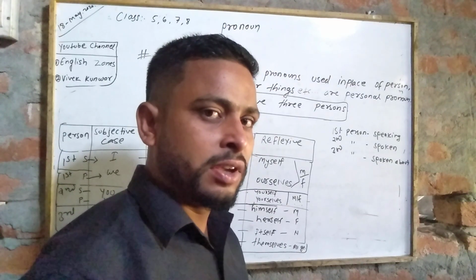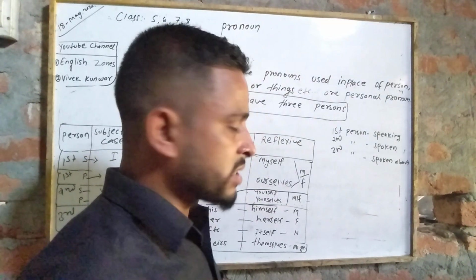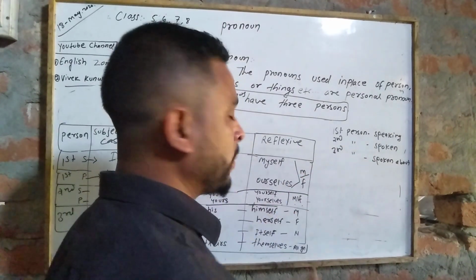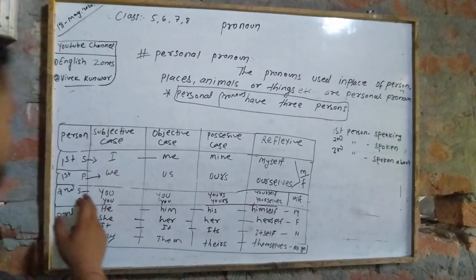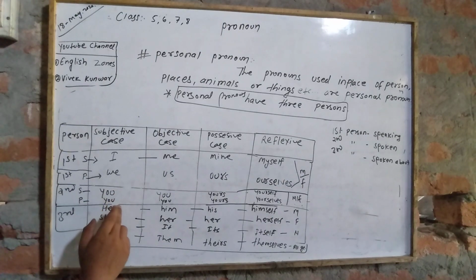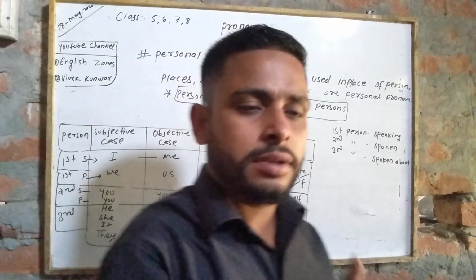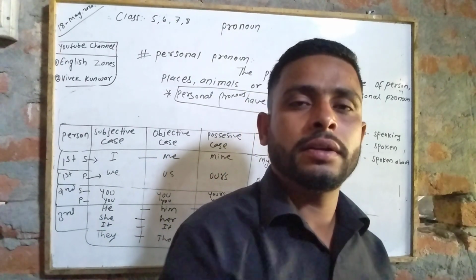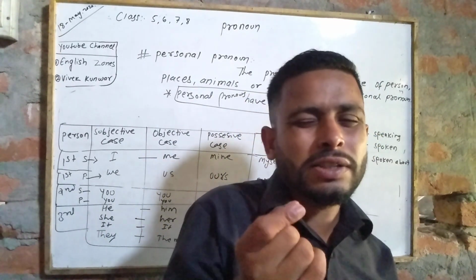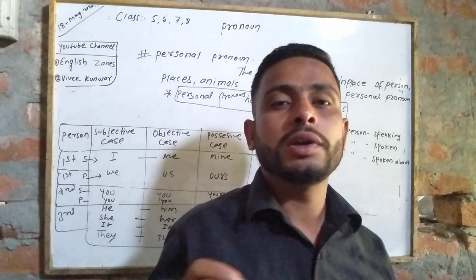In a previous video I explained gender, where you understand what is masculine and what is feminine. Now you have singular you and plural you. Singular is also you and plural is you. But 99% of the time you is plural.